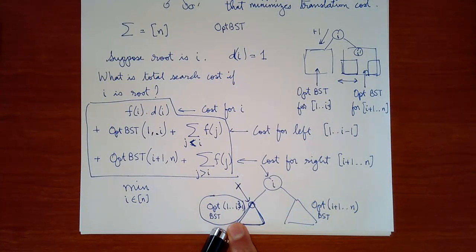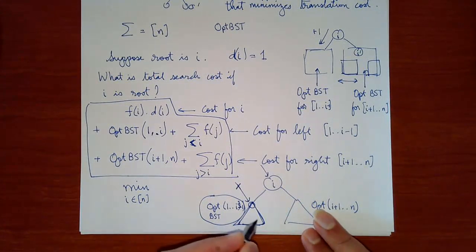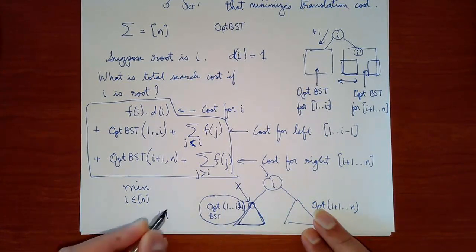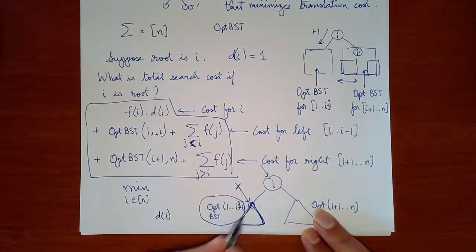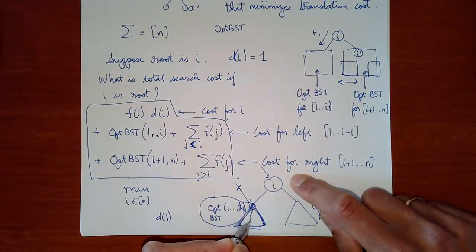Okay, I think I get it now. Thank you. So here's another way of putting it. Consider the depth of 1, say. The optimal tree gives you a depth, but the depth in the full tree is whatever depth it is plus 1.